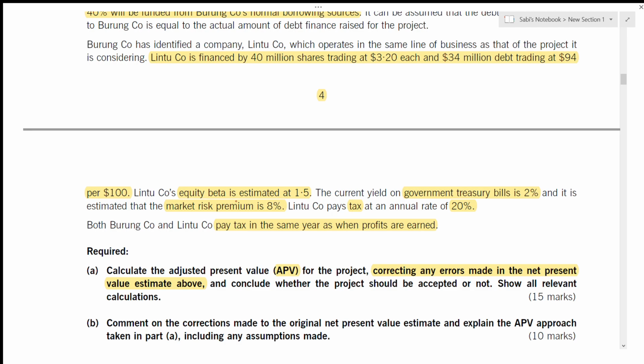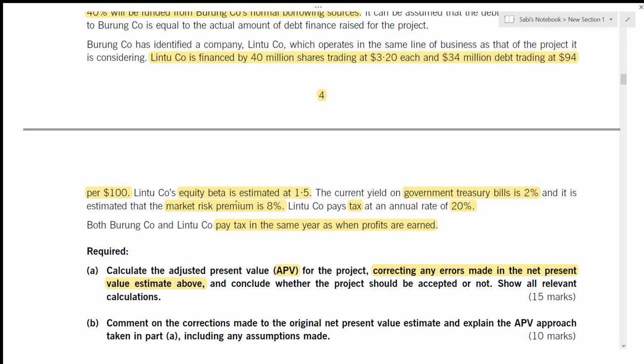So please make sure that adjusted present value is a topic which regularly appears in your exam. So you have to be very thorough with it, not just the net present value, because what happens is most of us just focus on net present value, but we don't focus much on APV, that is adjusted present value.